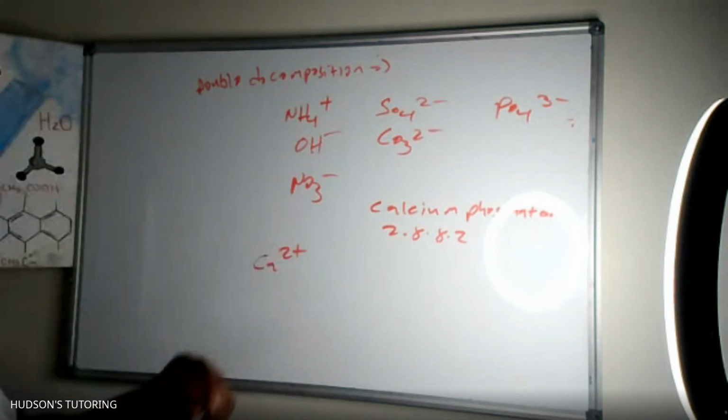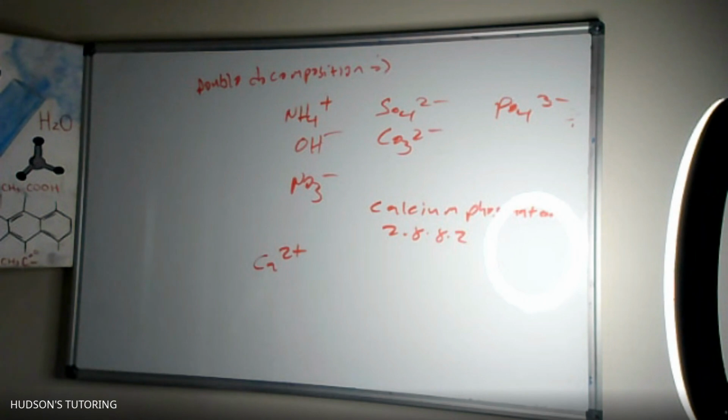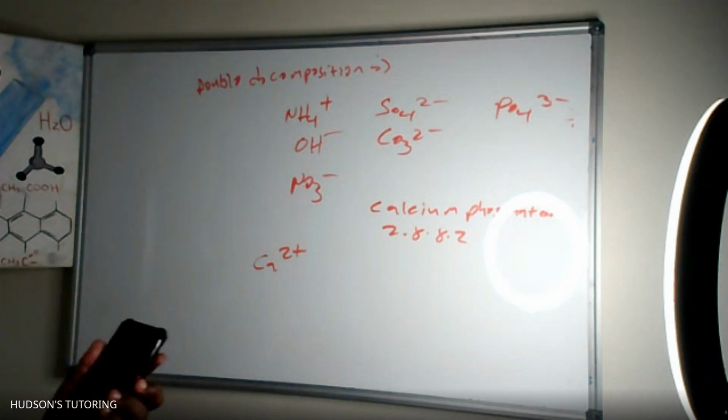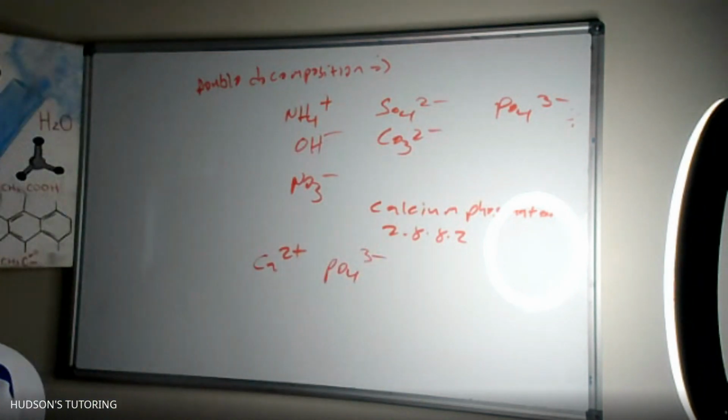Remember that when you're talking about charges, the number comes before the symbol, but when you're talking about oxidation state, the symbol comes before the number. Don't get it twisted. So calcium is Ca2+, and phosphate is PO4 3-. Now, when we're writing formulas, we do what is known as valence switching. It's a simple method, which will basically switch the valences.